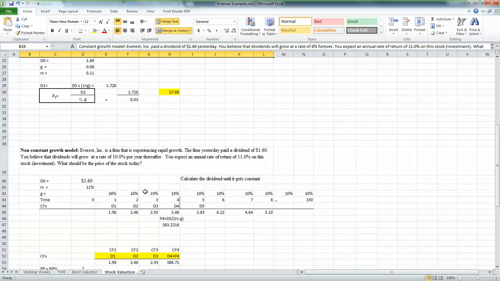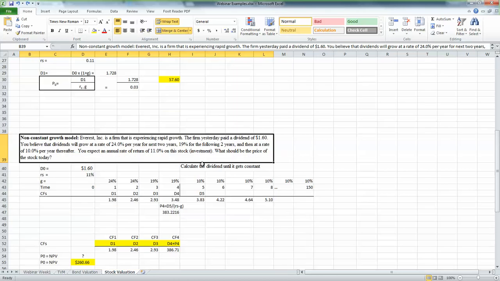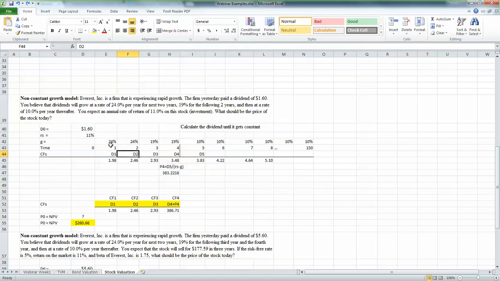Okay, so what you need to do here is first find the dividend until the dividend gets constant. So here I have D1, D2 the first 2 years, and 3 and 4 the following 2 years, and after that it's 10%, right?